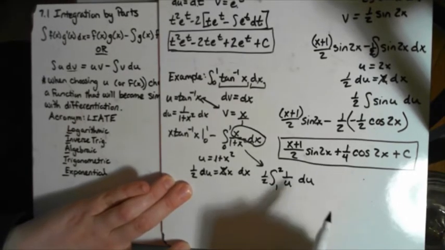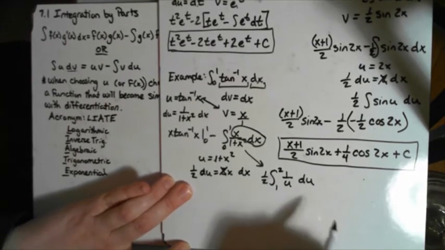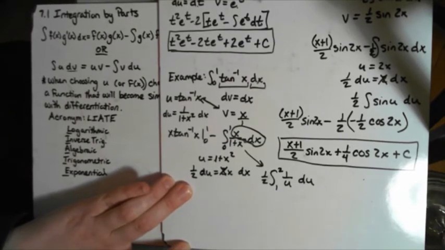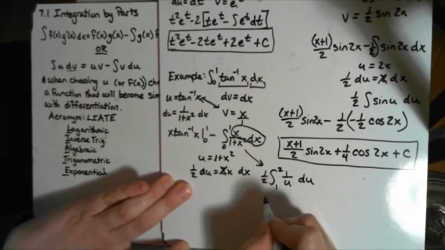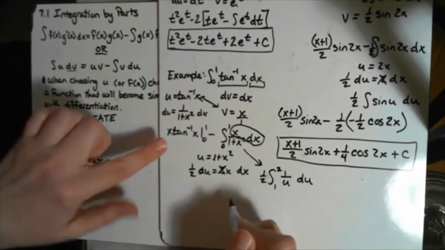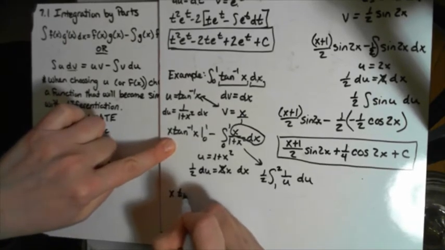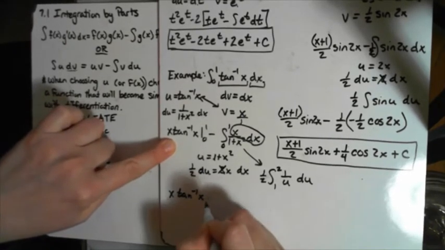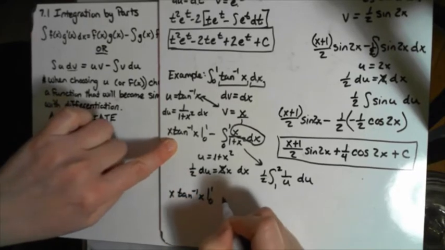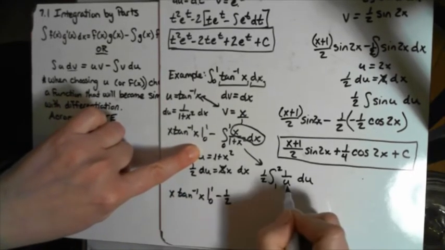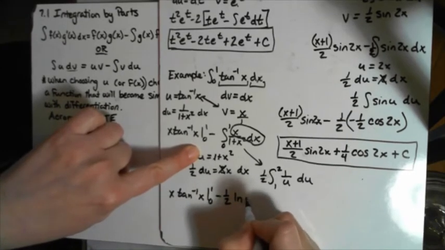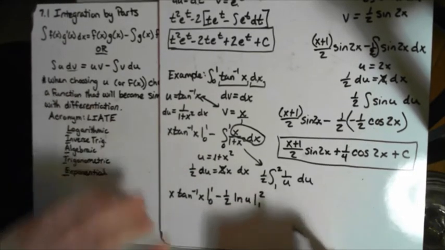The integral of 1 over u is just the natural log of u. And if you don't remember that one, that's a new one for us. Again, check that table in the back of your book. So this becomes, I can't forget this part, x tangent inverse x evaluated 0 to 1 minus, and then 1/2 the natural log of u evaluated 1 to 2.